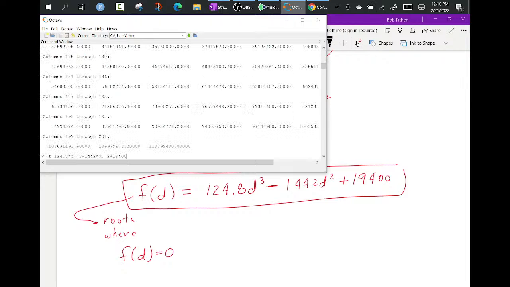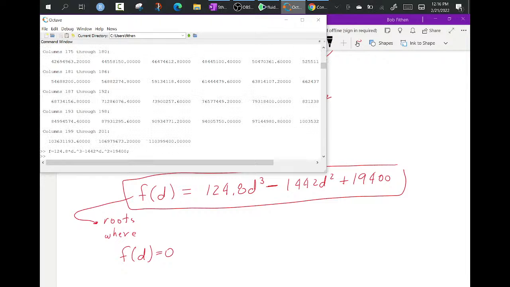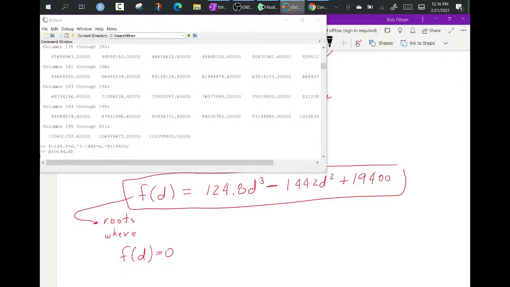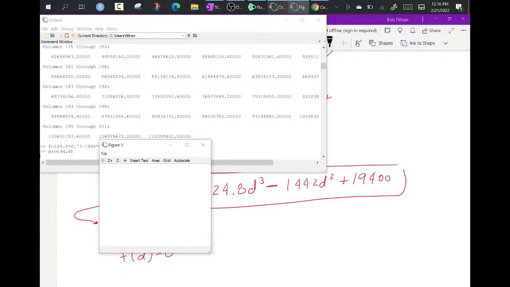Okay, I should have put a semicolon at the end so it wouldn't be a mess. Plot f, oops, okay, I wanted the d to be the x component and the f. Give it a second. Plotting here is not as great as it is in MATLAB itself.